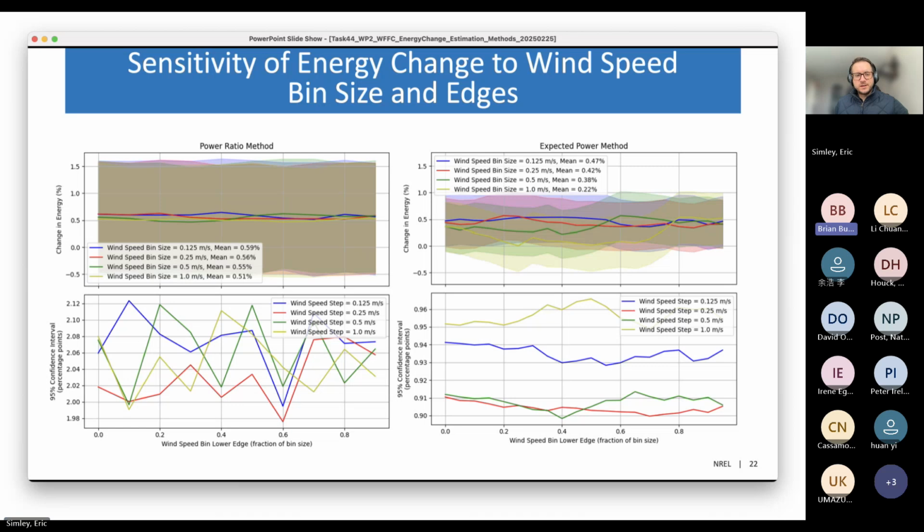Or maybe the wind speed bin you group data into could account for that advection time, so you're not just assigning the same wind speed to all turbines at a given timestamp. Yeah, that's interesting. Anyway, I don't want to distract too much.